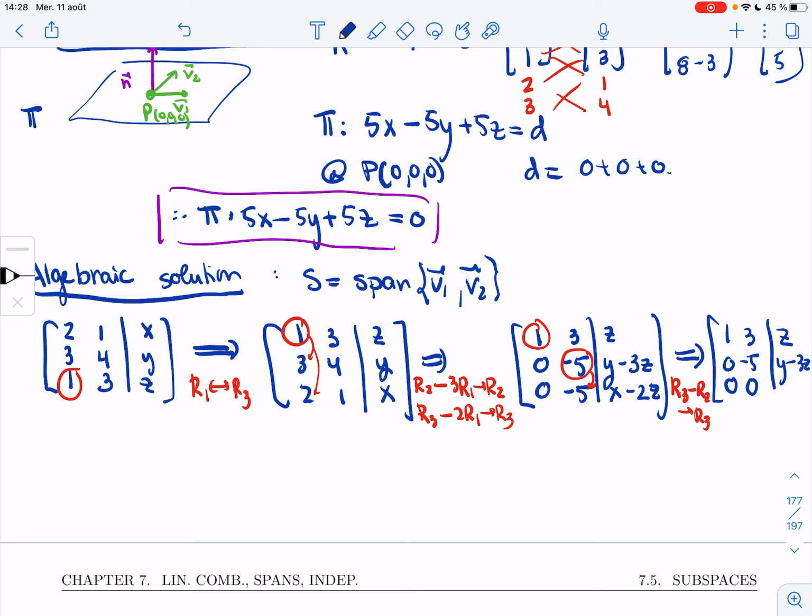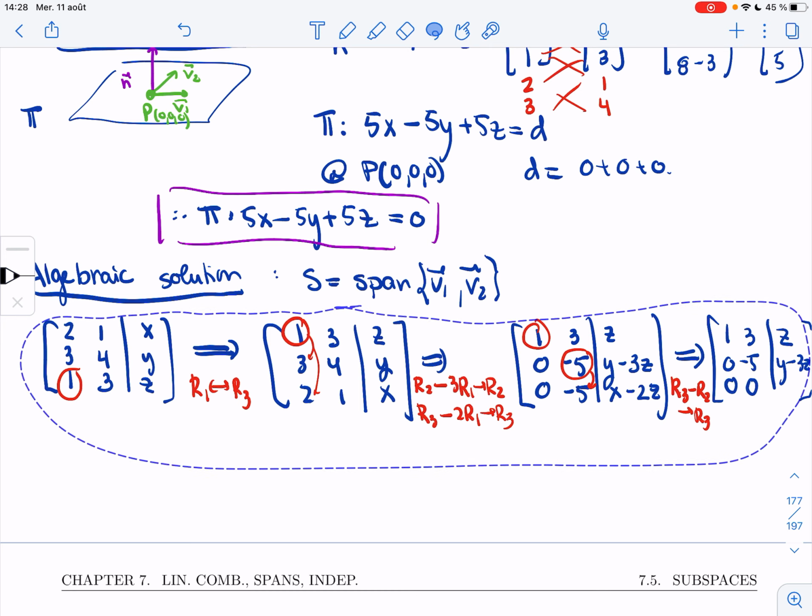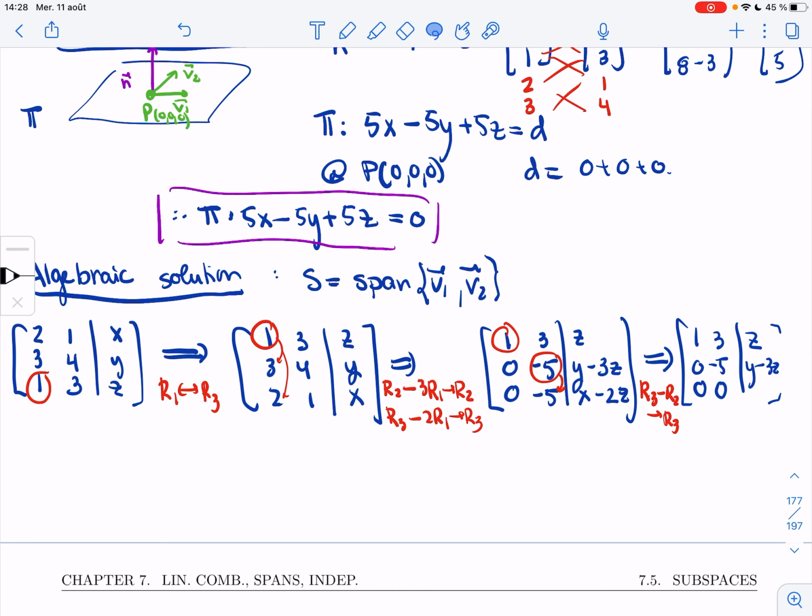And then that's the important bit here. Sorry, I'm really low on space. Let me move it a bit this way so I can actually write it in a readable way. So here I'm going to get x minus 2z minus (y minus 3z). So I'm going to get x minus y, and then minus 2z plus 3z, so plus z.